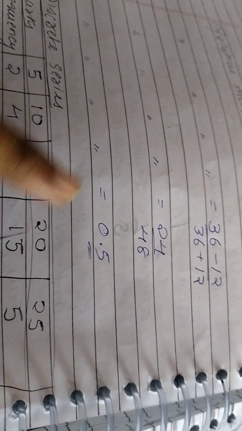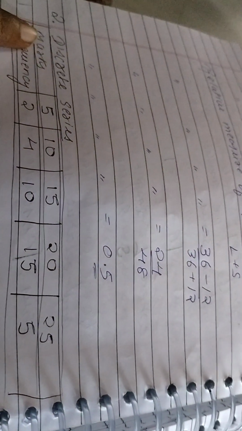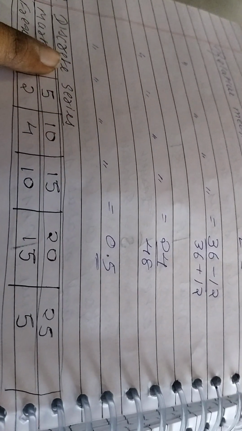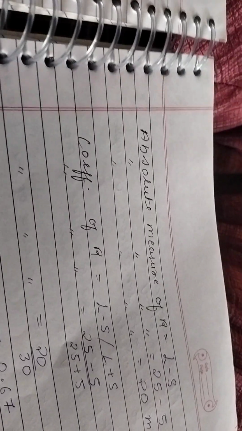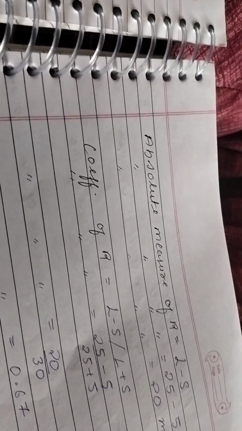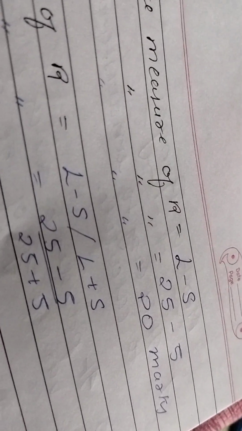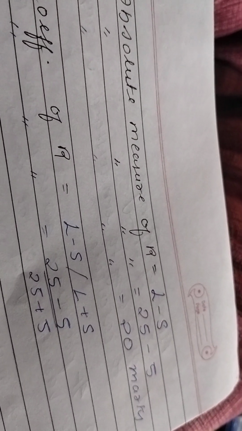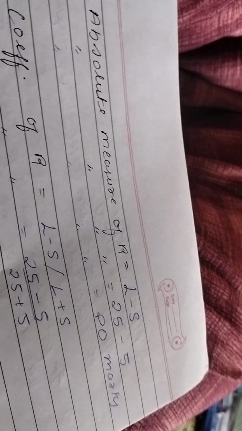Unlike in the mode, where the number of observations and the frequencies matter a lot, here frequencies have no work, there is only the work of the x observation. So we observe the largest and the smallest value, then we subtract and we get 20 marks. Because it is an absolute measure, the unit will be applied.